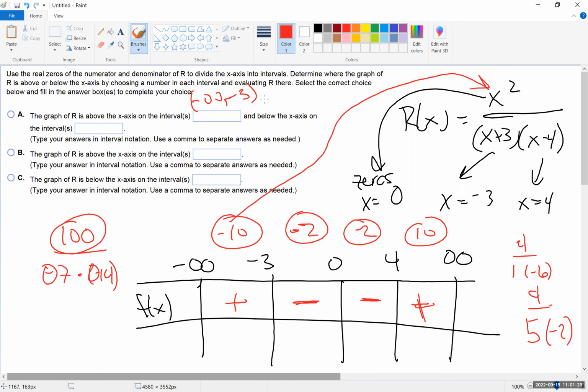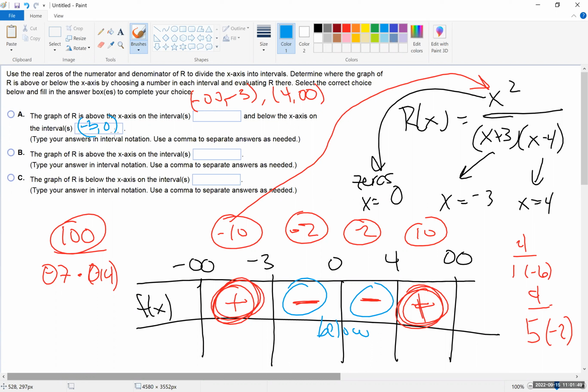And then you put a comma in between these, and you put 4 comma infinity. Where they're above, positive means above. Negative means below. So it's going to be below from negative 3 to 0, and then comma 0 to 4.